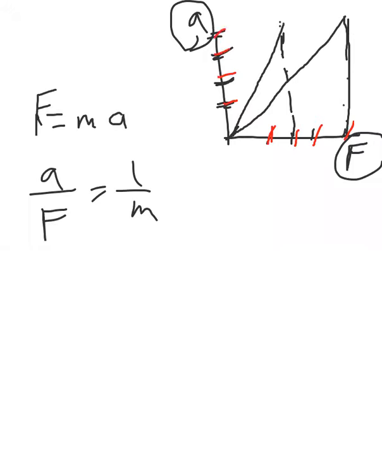The first force, which is 2, of the first body, which is A, and then body B. Body A has 2 units of force and 4 units of acceleration, so the force is 2 and the acceleration is 4. Therefore the mass of A equals 1 over 2, which is 0.5.